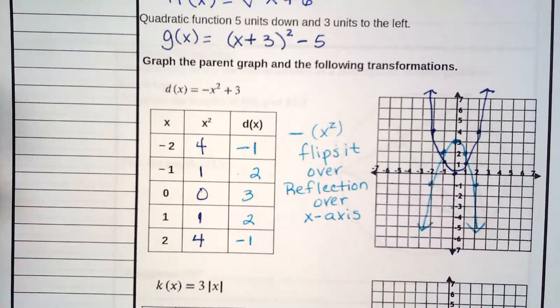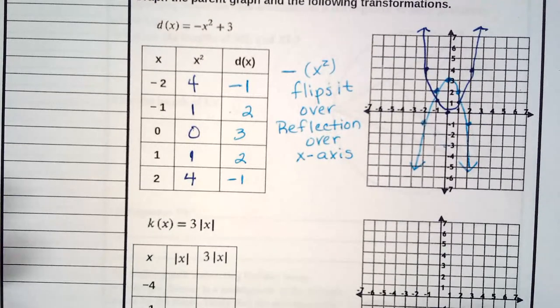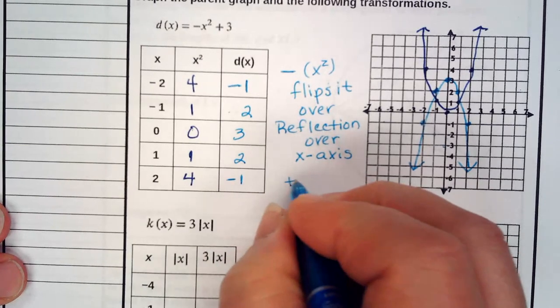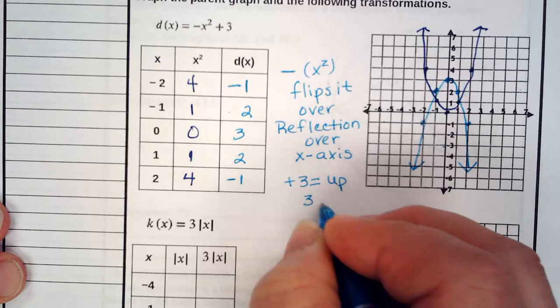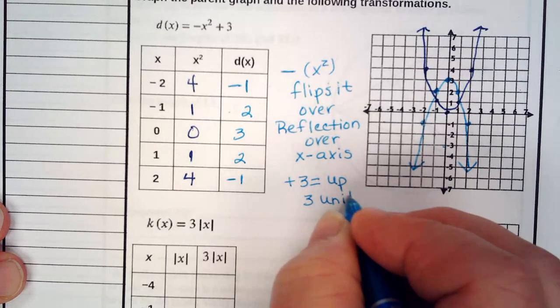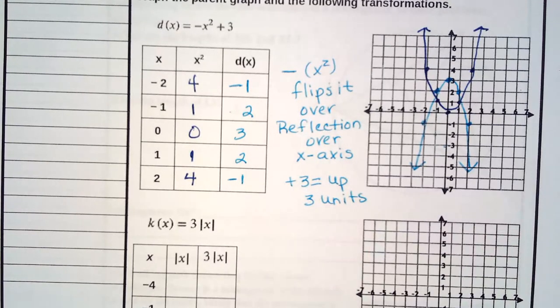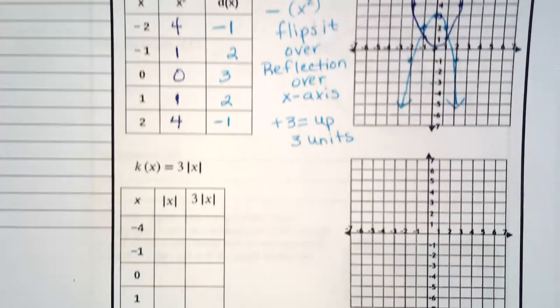The plus 3 moves it up 3 units. So when you put the negative in front of your variable, it will make that reflection over the x-axis. If you add or subtract at the end of the equation, it moves it up or down.